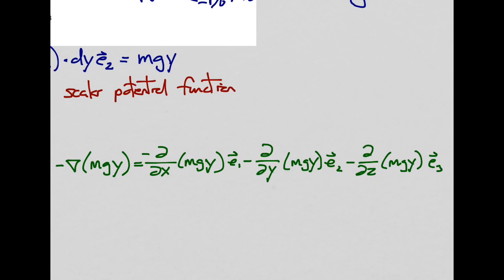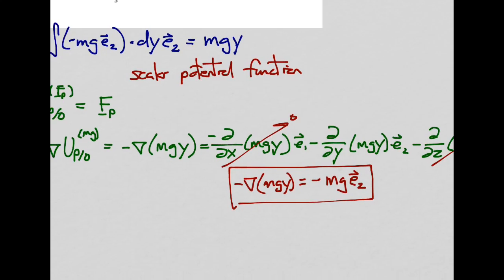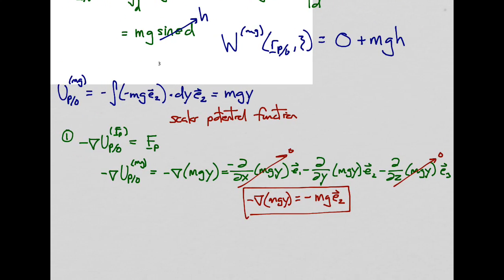And so when we take these partial differentiations, the partial with respect to x of this function is 0, the partial with respect to z of this function is 0, and then the partial with respect to y of this function is going to be negative mg in the E2 direction. So we see that indeed the negative gradient of our function mgy is equal to the force itself. So we've satisfied that condition for potential energy.